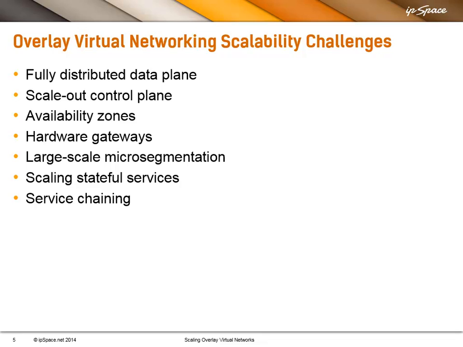And the last topic I'll touch upon is service chaining, which is a huge topic for anyone deploying network function virtualization, because in this environment, you usually want to have multiple independent services chained together to offer whatever you have promised to the customer. But let's start with the distributed data plane.